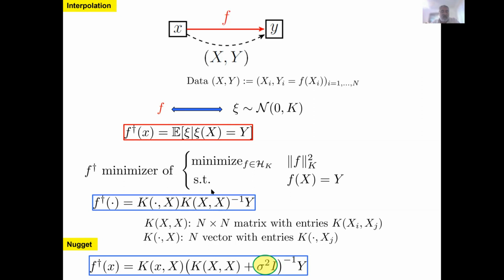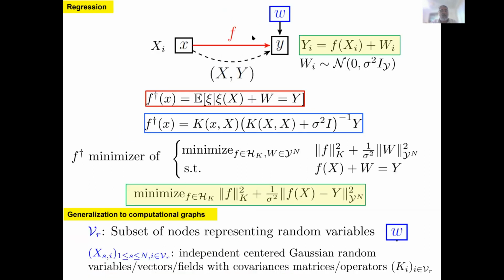Now you have to invert that matrix, and the classical way to avoid issues with its possible singularity or bad condition number or overfitting is to add a nugget, or a multiple of the identity matrix, to that matrix kxx. And this is equivalent to relaxing the interpolation constraints by adding a Gaussian variable to the output of the function f.